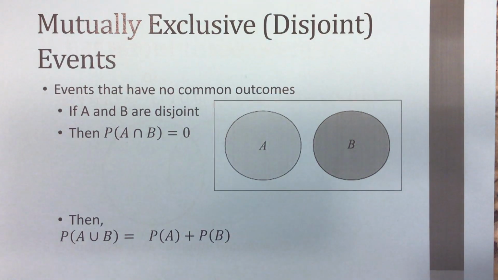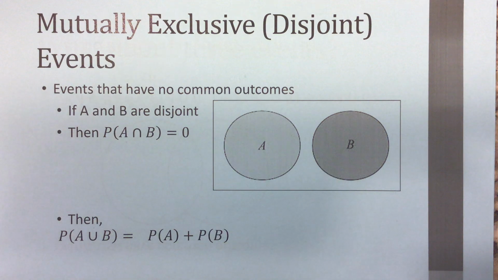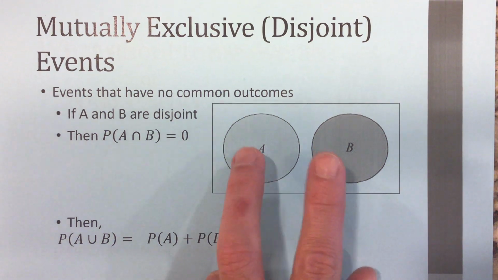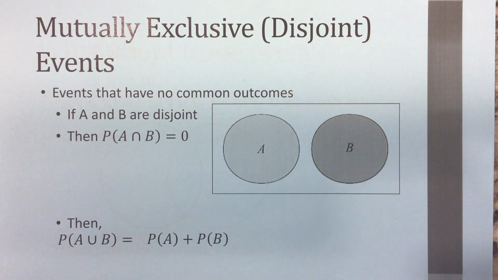All right, we mentioned this last time. If we have two disjoint events, then their union is simply the sum of their probabilities, right? Union means A or B. So if I wanted to find out, well, what's the chances of A or B happening, if they're disjoint, I can just say, oh, A plus B. That covers it.